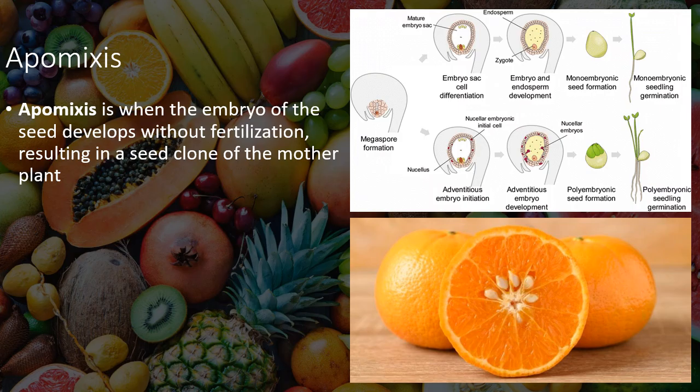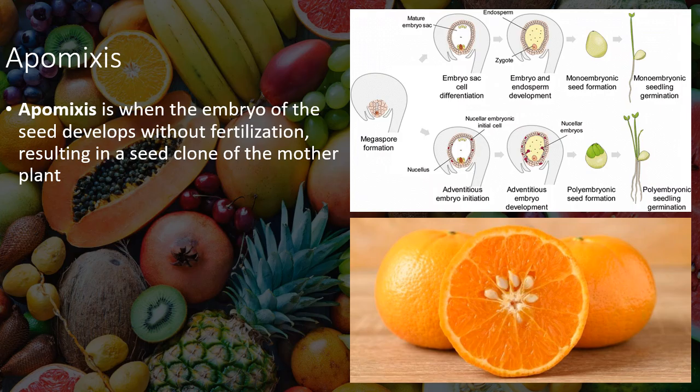In the top path, the egg within the ovule gets fertilized, develops into a zygote and then an embryo, and we get a genetically unique offspring.